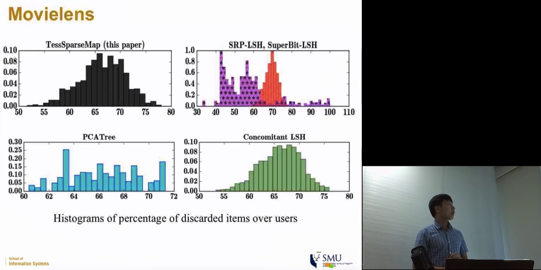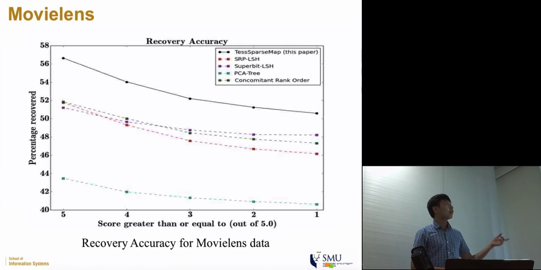And in this case, the percentage of discarded items over users are pretty much the same between this proposed model and the two AISTATS models. However, with the same percentage of discarded items, they have a better accuracy. So overall, we see that the model outperforms the baselines.